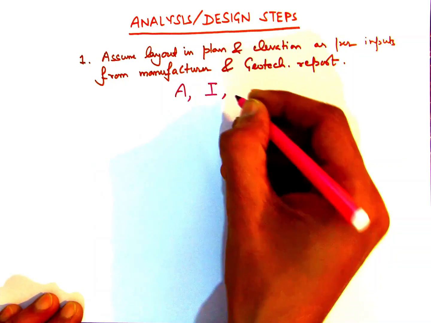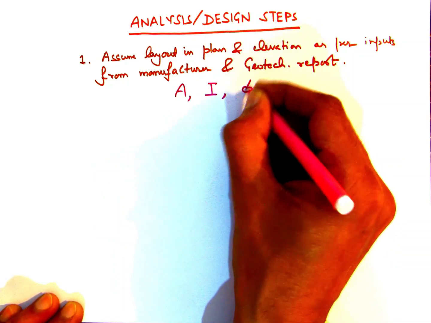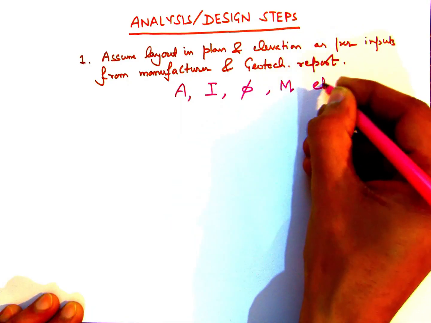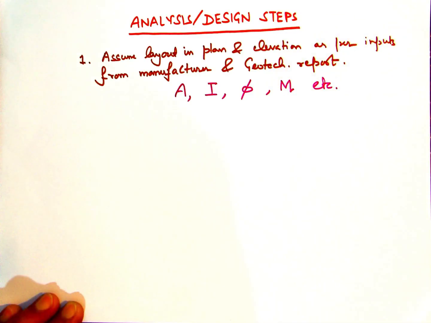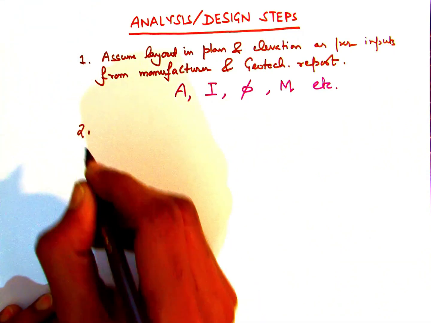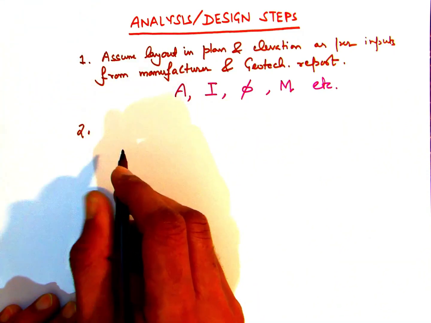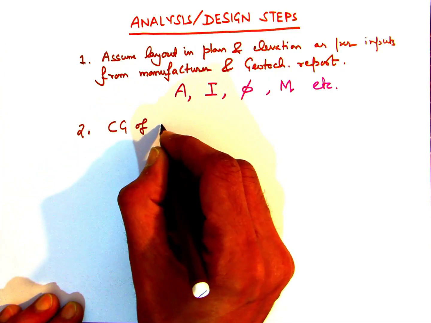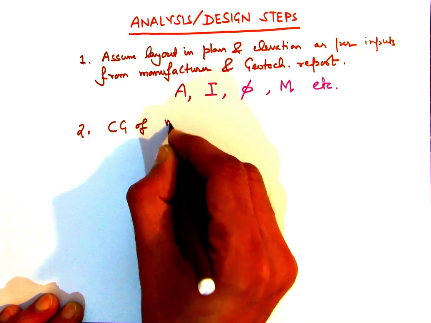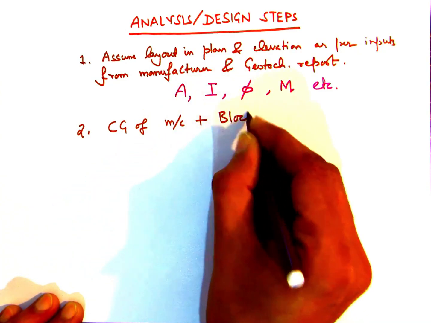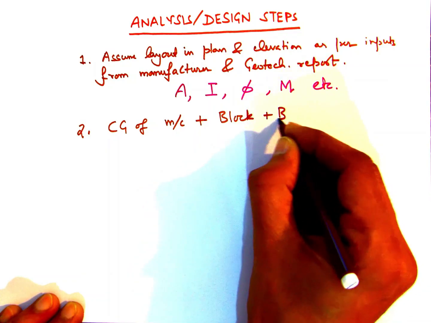So once we have fixed these dimensions, we can easily find out the various geometrical parameters such as the area, the moment of inertia, the mass moment of inertia, and mass, etc. The next step is to determine the CG of the entire system consisting of the machine, the block, and the base foundation.